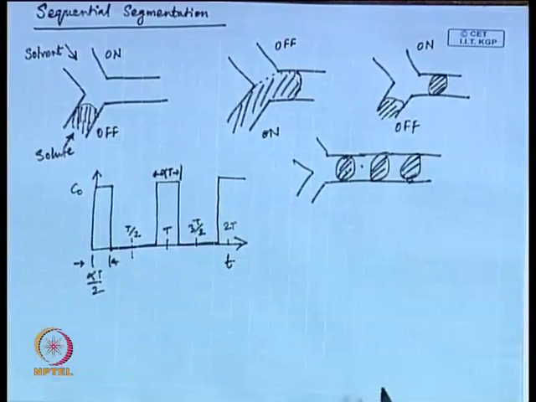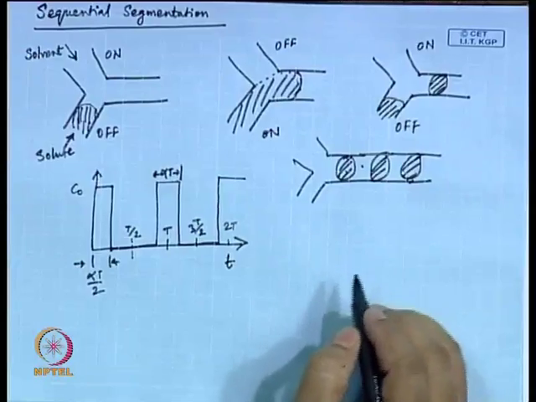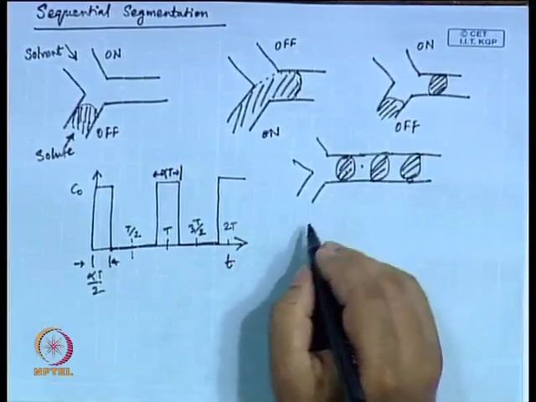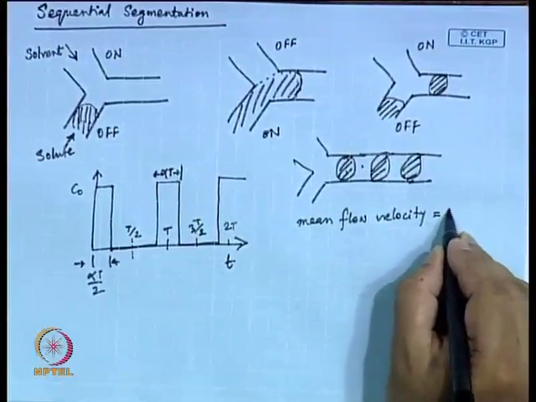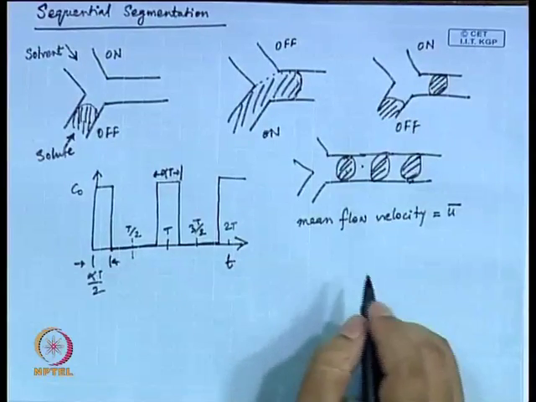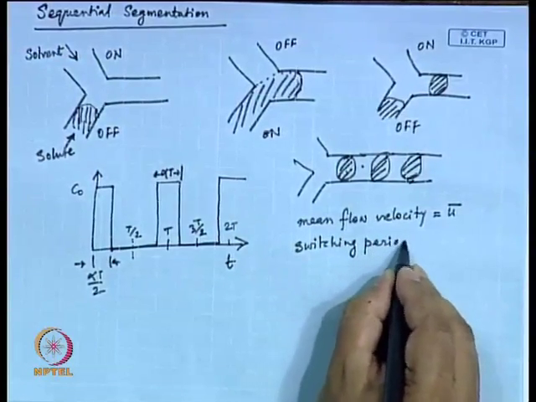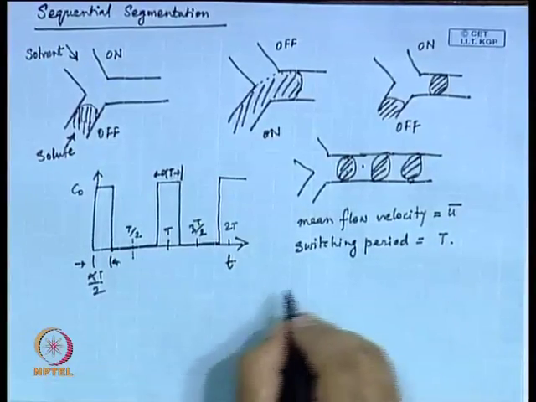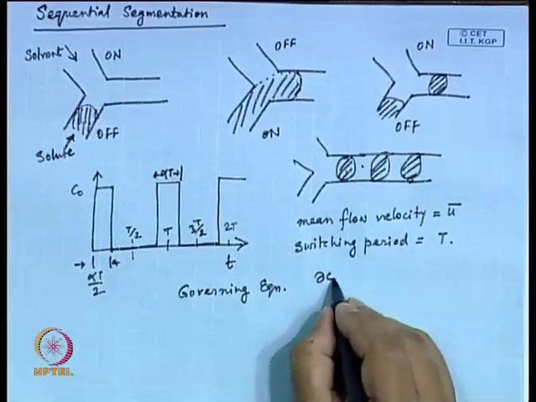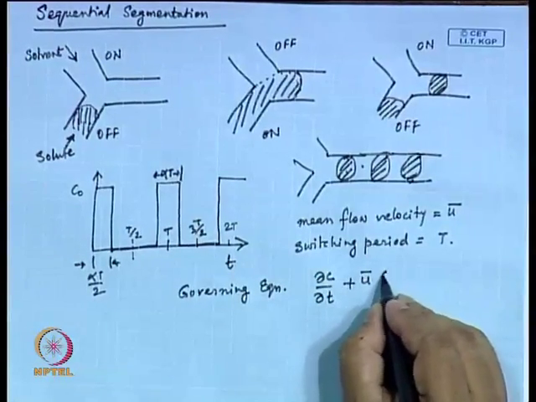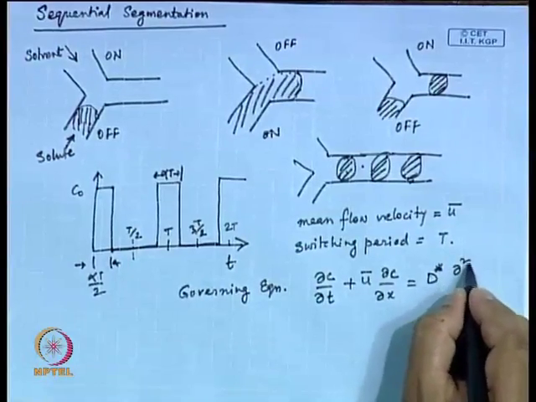So, with a mean flow velocity u bar of both fluids in the mixing channel and a switching period of capital T, you can write the governing equation for mass transfer as del C del t plus u bar del C del x is equal to D star del square C del x square.